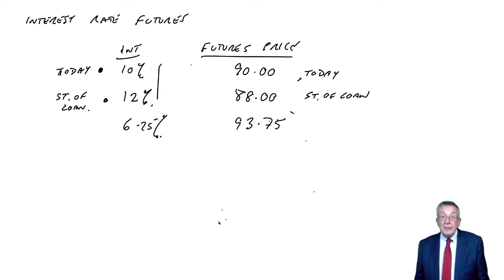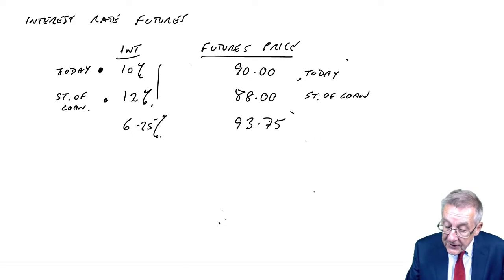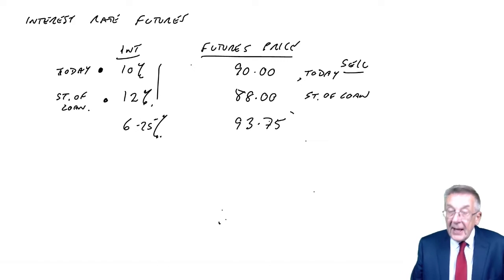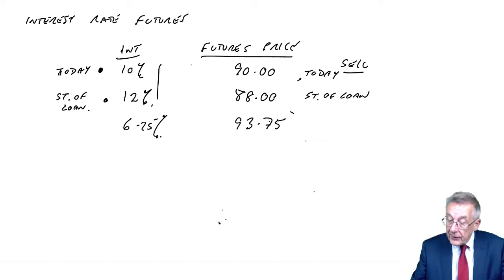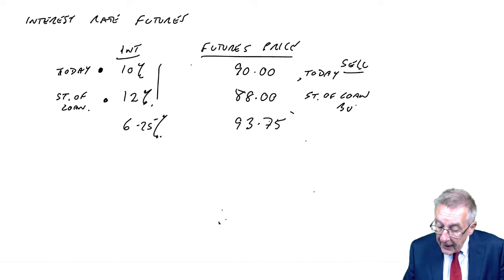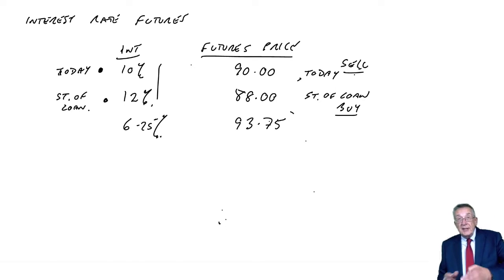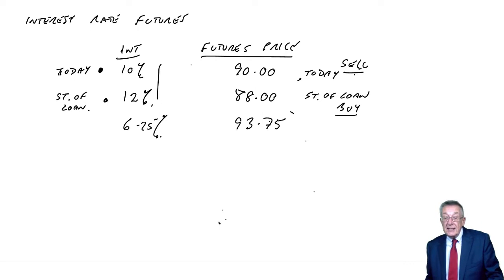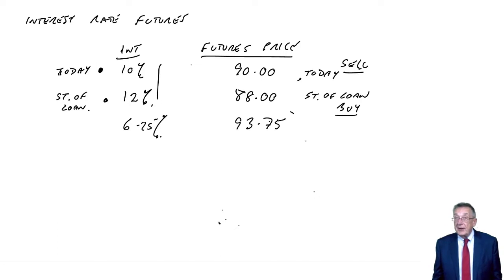Well, the way you make a profit on the futures price falling is surely you sell today. If I sell today at 90, and then at the start of the loan I buy back at 88, then I've made a profit of 2, which is equivalent to 2%, which cancels out the extra 2% I've had to pay on the interest.